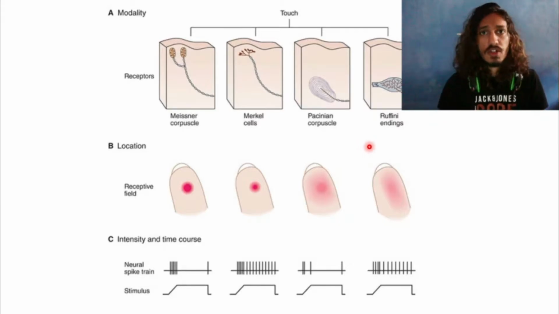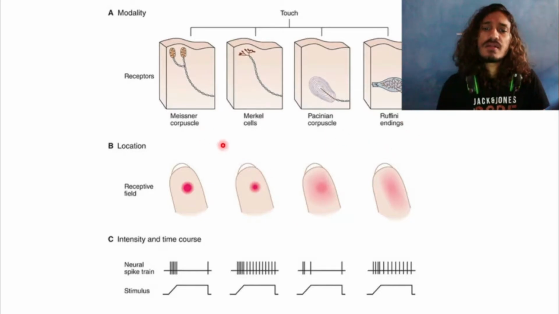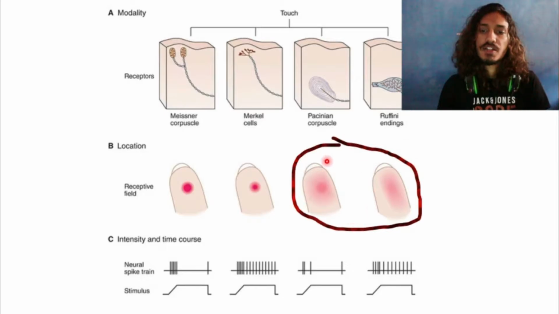You already got to know that your Meissner's corpuscle and Pacinian corpuscle are rapidly adapting, while Merkel cells and Ruffini's endings are slow adapting. And when we talked about the receptive field, we saw that your Meissner's corpuscle and Merkel cells, which are there more superficially, have a smaller receptive field, while Pacinian corpuscle and Ruffini's endings have a larger receptive field like this.